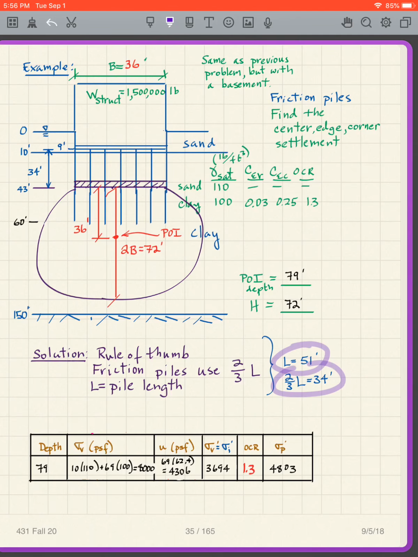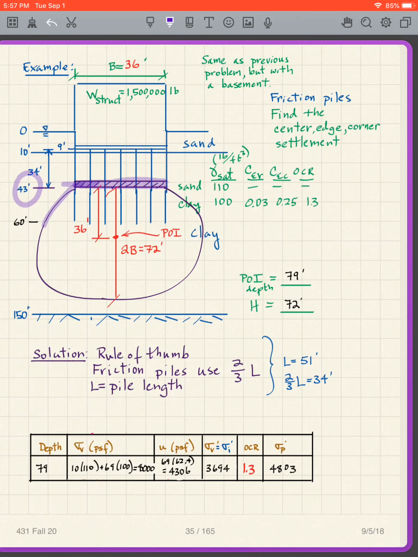And so I go down 34 feet, so I'm at 43 feet now for where my fake mat is.